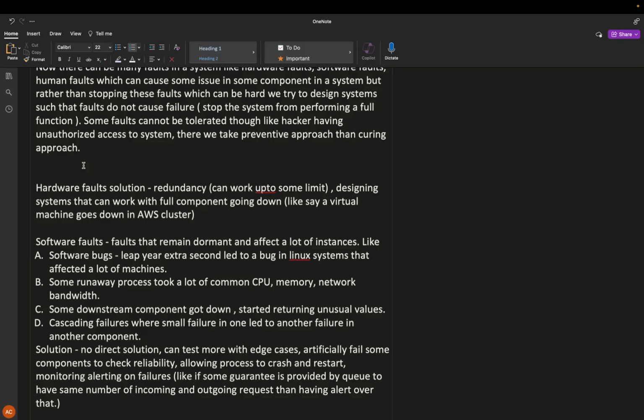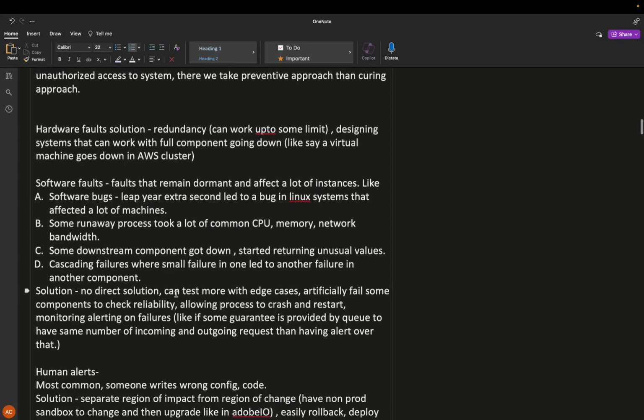So there's no direct solution to these things, because these are very rare cases that many times we humans don't think that much. What can be done is to test more with edge cases.